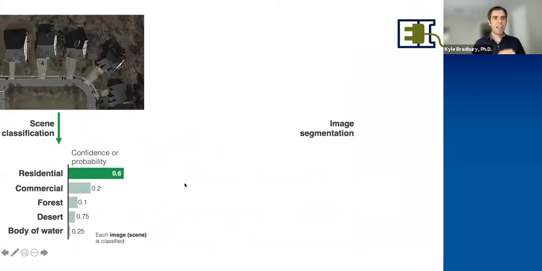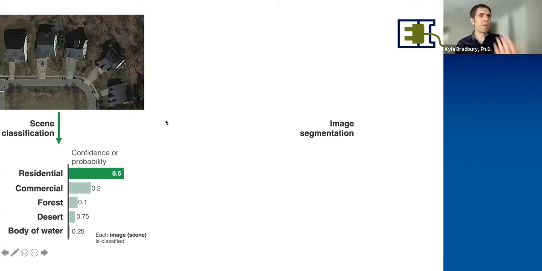The first is scene classification or image classification, taking an image and saying, is this a residential scene, a commercial scene, a forest, a desert, a body of water? Which of these is most likely to be the case here? We pick the one that's most likely, and we move forward with that.